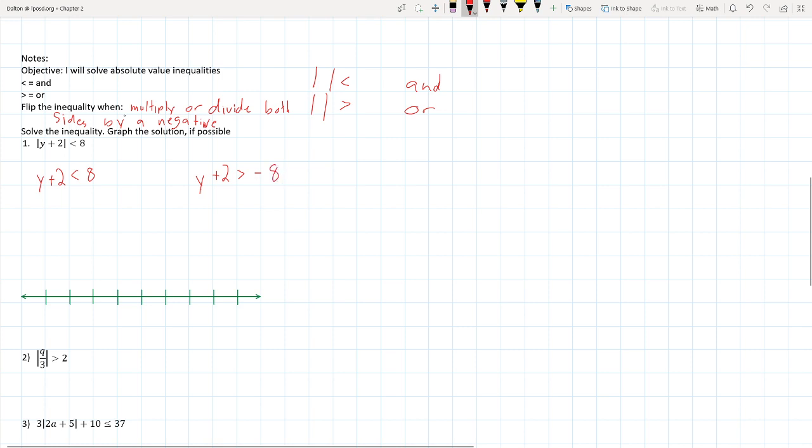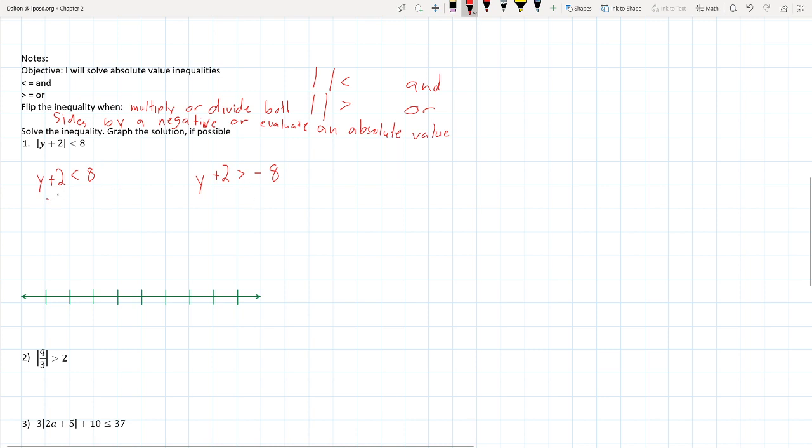So maybe adding on to this, flipped inequality: multiply both sides by a negative, or evaluate an absolute value. So we flip those. Now we solve.